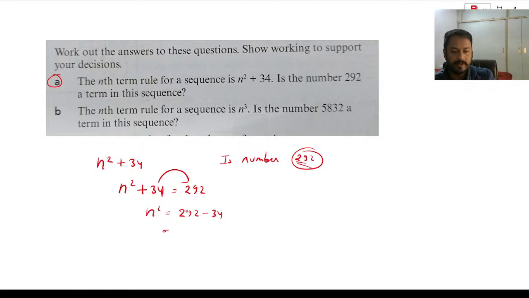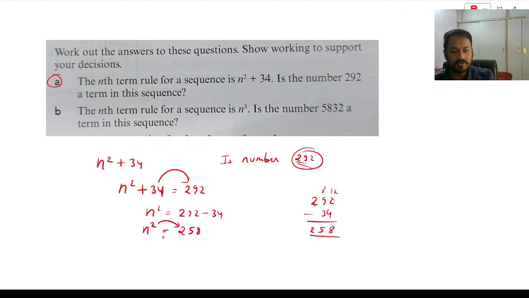So 292 minus 34. This will become 258, and this is n square.